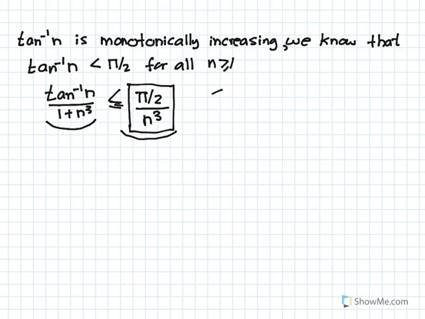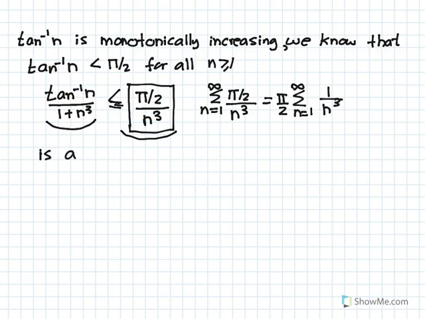So therefore, let's look at the right-hand side, summation pi over 2 divided by n cubed, n equals 1 to infinity. Let's factor out pi over 2, so we get pi over 2 times summation n equals 1 to infinity, 1 divided by n cubed. This is a convergent p-series with p equal to 3.